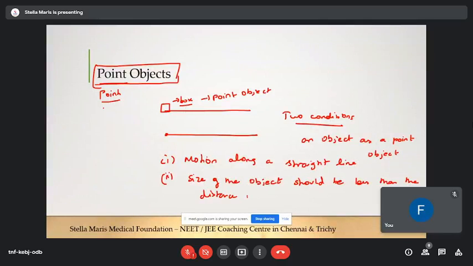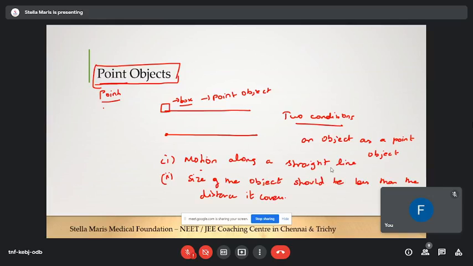As I said earlier, this is an object and it moves along a straight line. Tell me, this is the size of the object, right? Length and breadth. And this is the distance it covers.